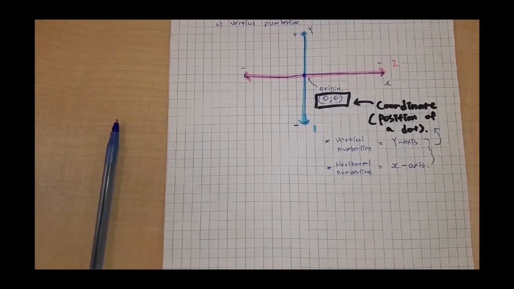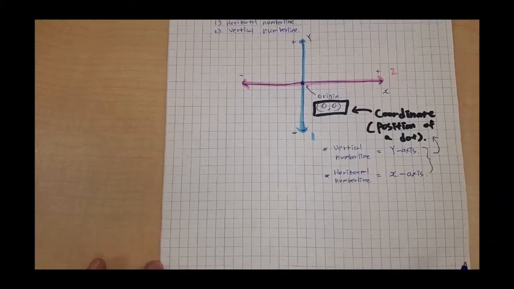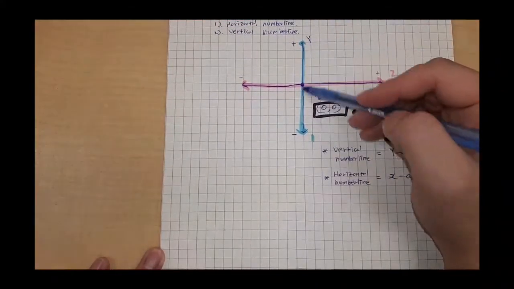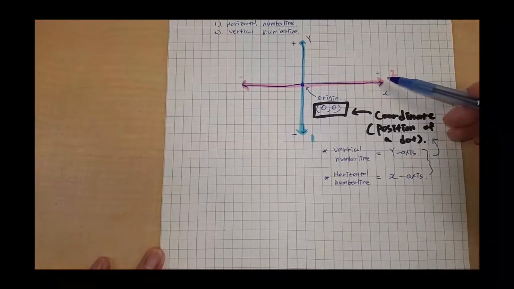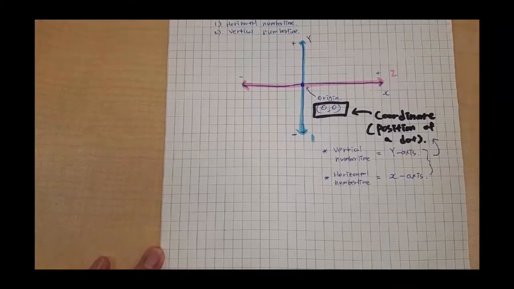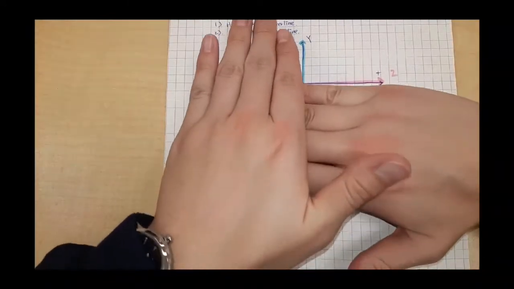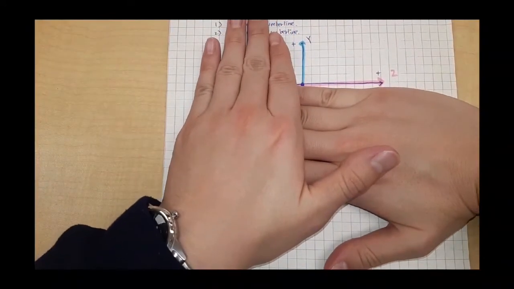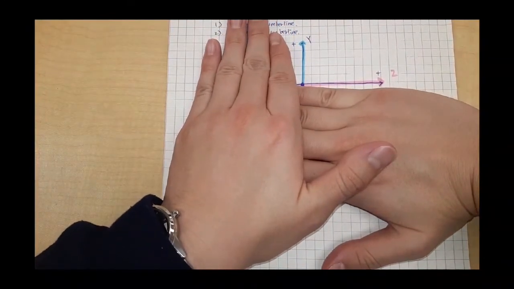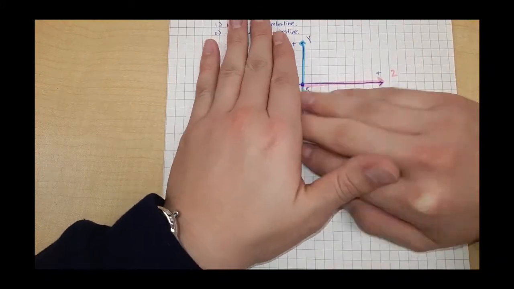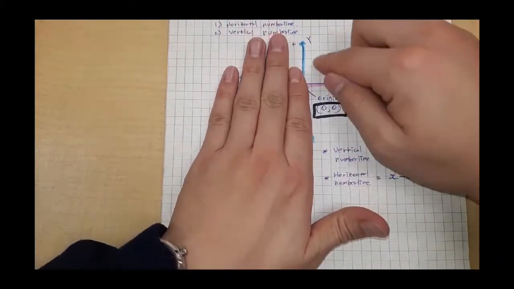Now, here's what I'm going to point out. Since we have a vertical number line and a horizontal number line, we have 4 different regions. For example, I'm going to hide these other areas. If the x-axis and y-axis values are positive and positive, then any of those values will occupy this area.